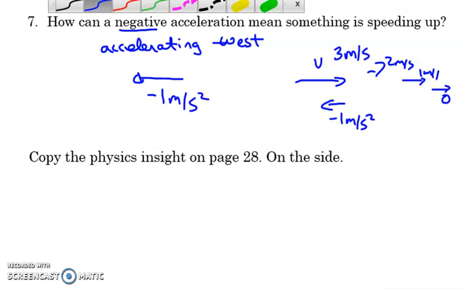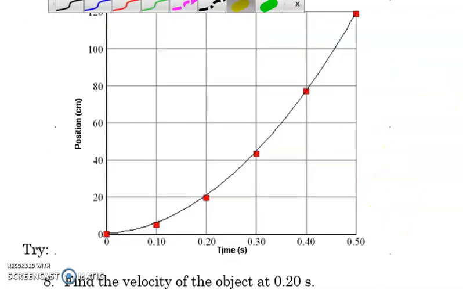Okay, what we're going to do is get you to copy the Physics Insight on page 28. Just throw it on the side in your notes. Pause the video. Take time to do that. Okay, the next thing we're going to do is we're going to get you to try a couple of questions.